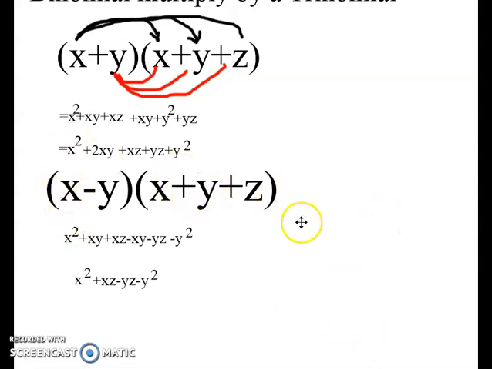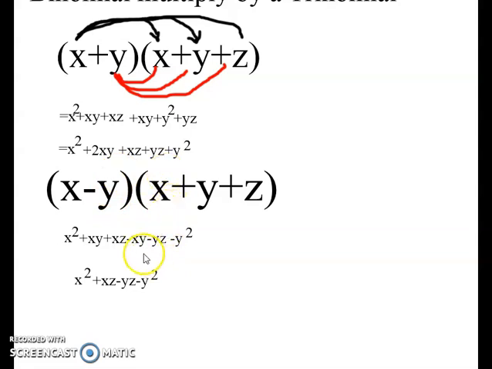When I have a positive, it remains positive, but the moment there is a negative, a negative times a positive is a negative. So negative y multiplied with y will give me negative y squared. Negative y times z will give me negative yz.